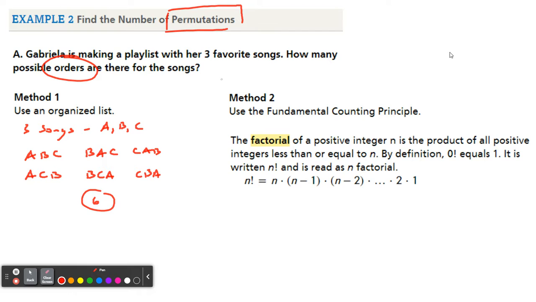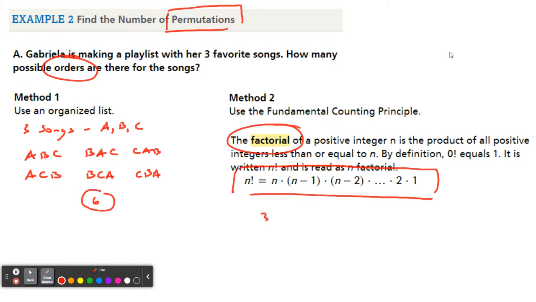Now the other way to do this is by using part of the fundamental counting principle and factorials. A factorial is defined as the product of all the positive integers less than or equal to n, down to 1. It is represented by n factorial. So it's n times n minus 1 times n minus 2 all the way down to 1. Here we have 3 songs, and we want to put them in orders of 3.